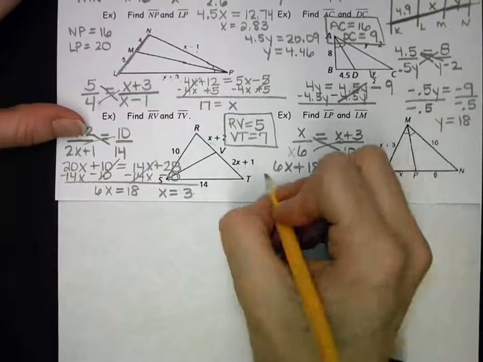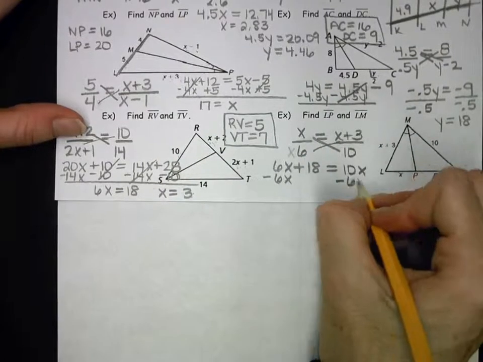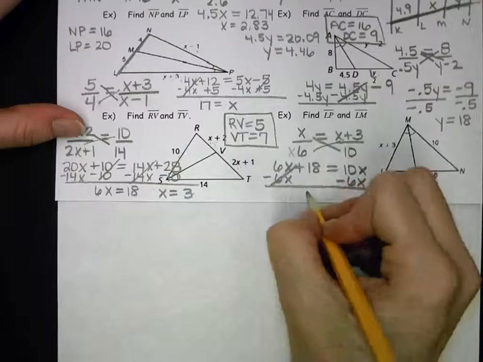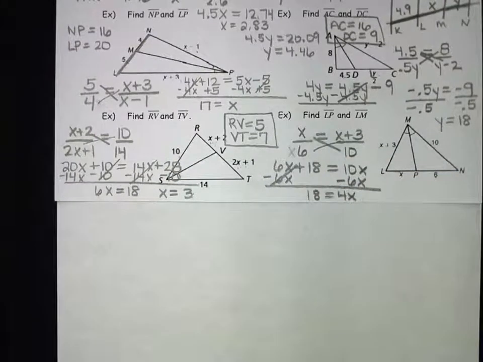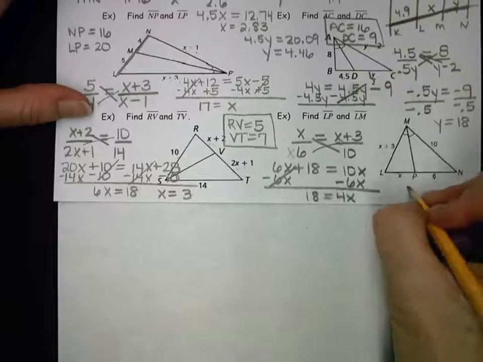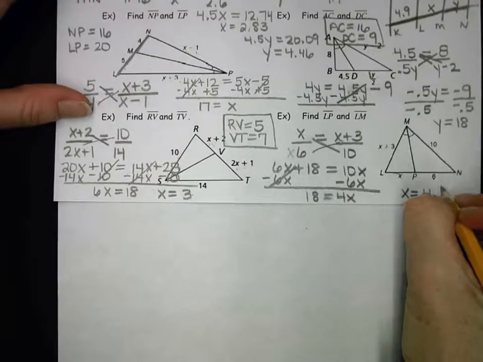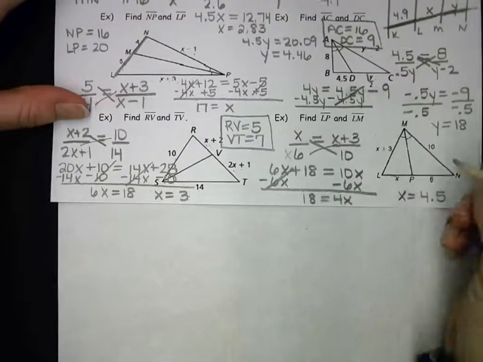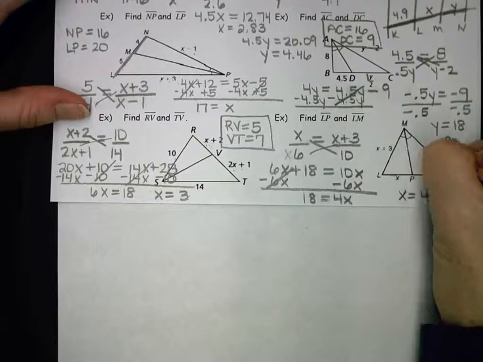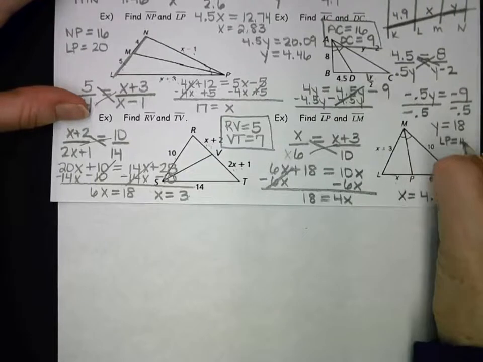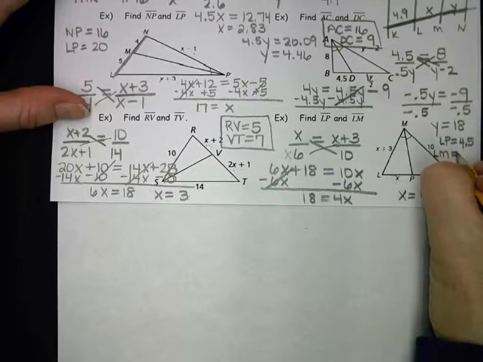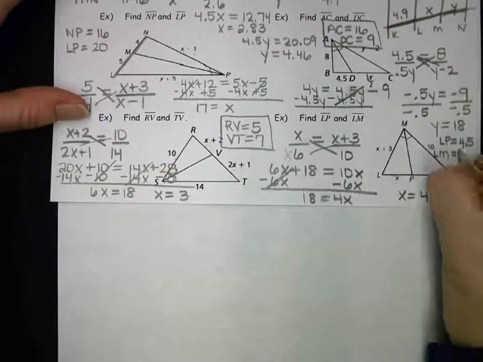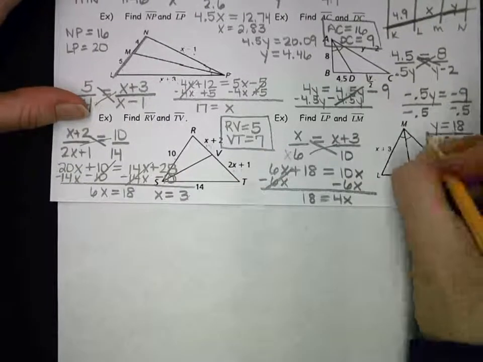And then I'm going to subtract the 6x. 18 equals 4x. And then I'm going to divide by 4. And x is going to equal 4.5. From there, I can get LP. LP is just x, so LP will be 4.5. And I can get LM. 4.5 plus 3 is 7.5. And those are your two solutions.